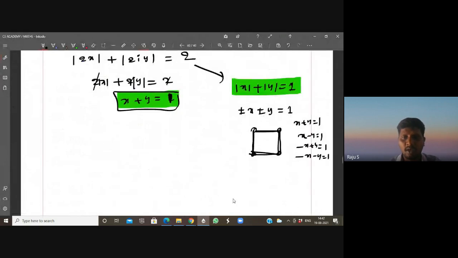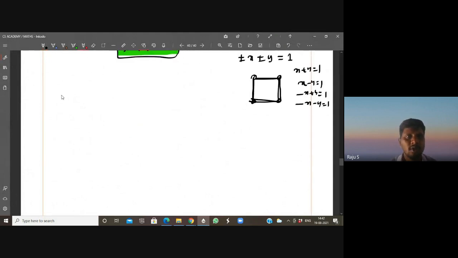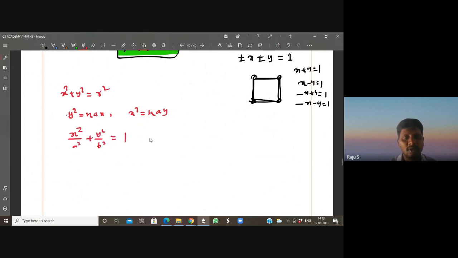What is the equation of a hyperbola? See, the circle equation in Cartesian form is x square plus y square is equal to r square. Y square is equal to 4ax or x square is equal to 4ay is the parabola equation. X square by a square plus y square by b square is equal to 1 is the ellipse equation.